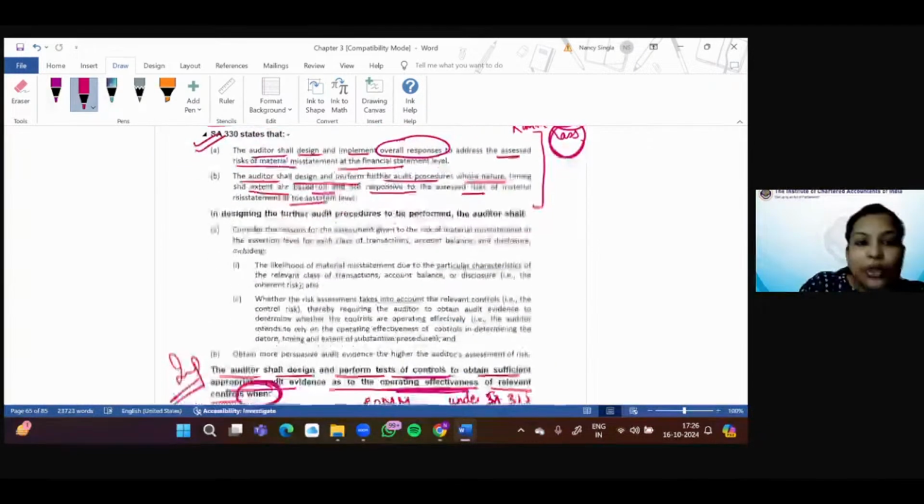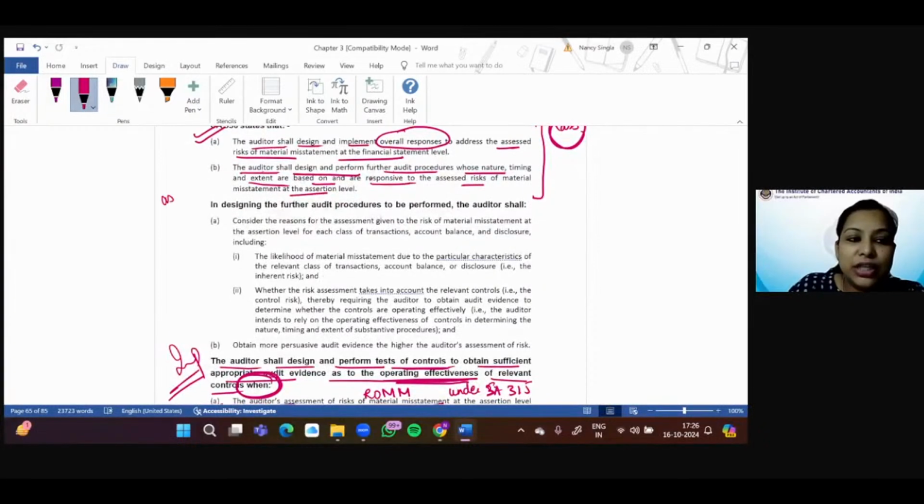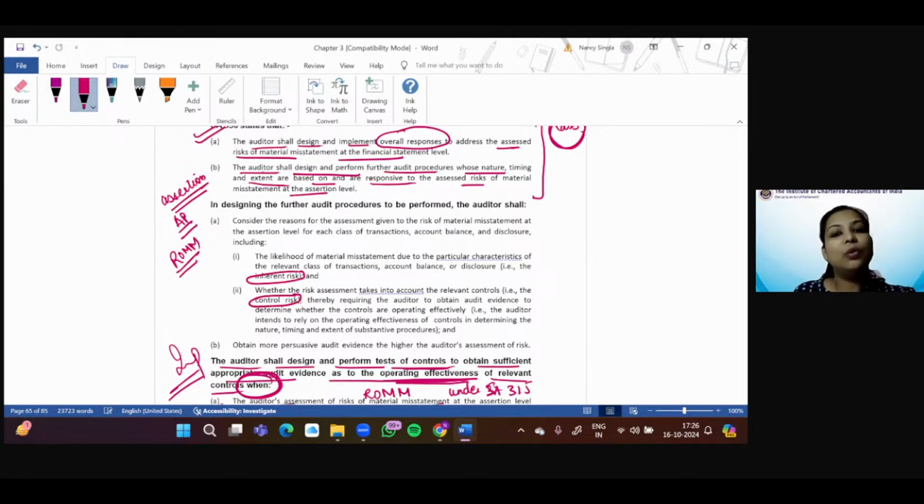Now, at the assertion level, when the auditor is deciding what audit procedures he is going to perform, he will also consider what risk of material misstatement he assessed, that is, what inherent risk is there and what control risk is there with respect to that particular assertion.